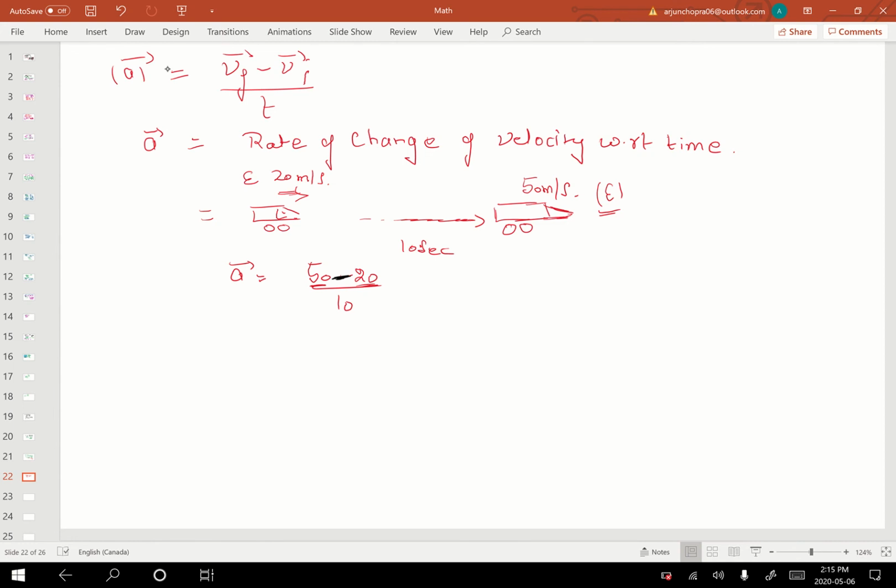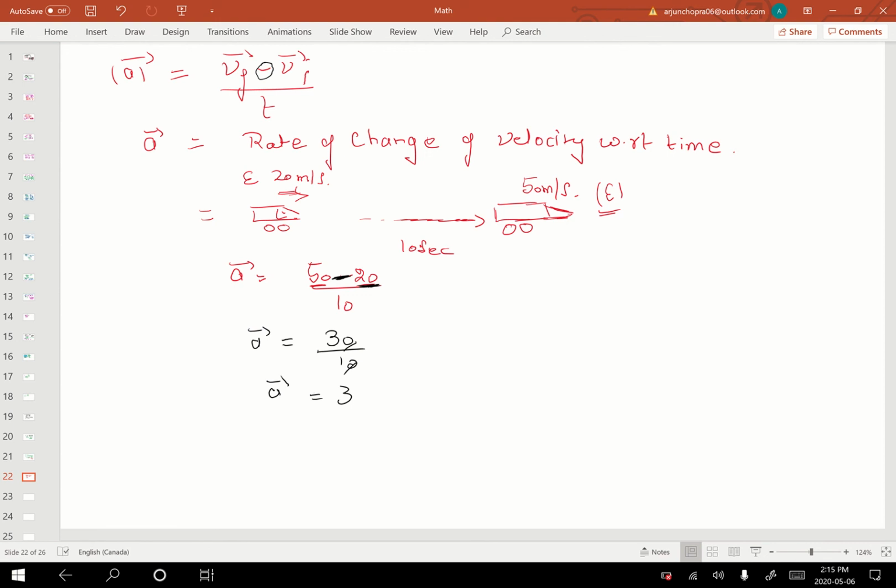This negative sign is not associated with 20. 20 is still positive because this is in the east direction. So 50 minus 20 is 30, and then divided by 10. So the acceleration is equal to 3.